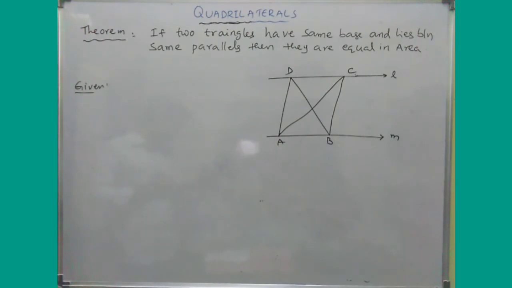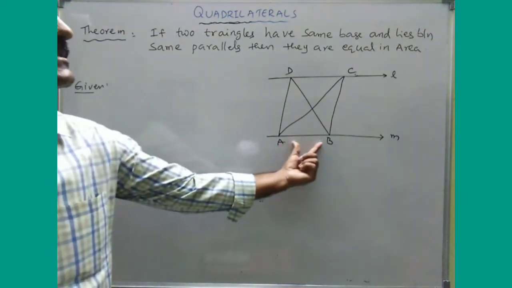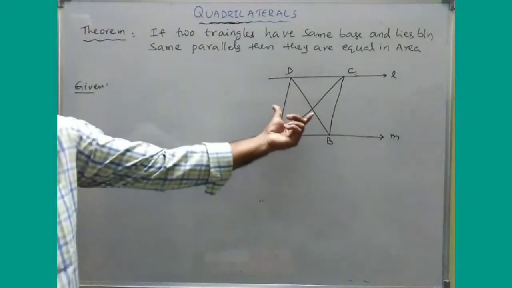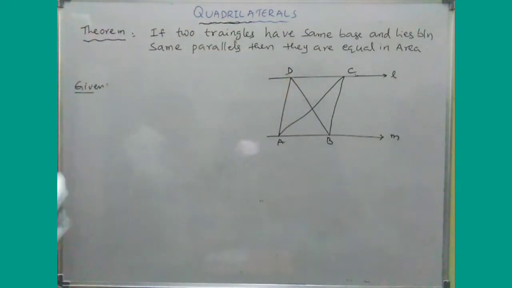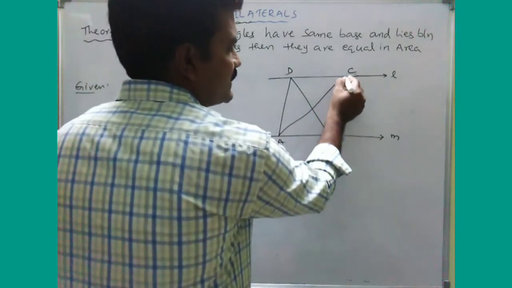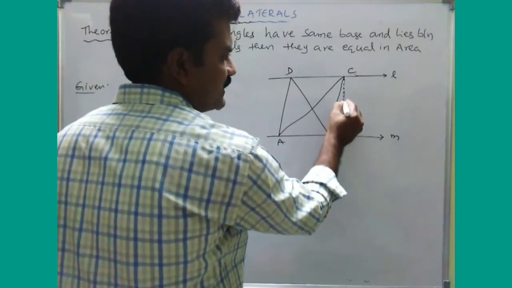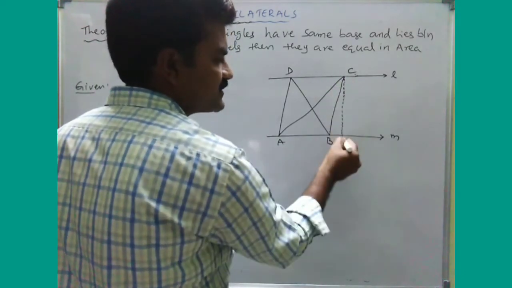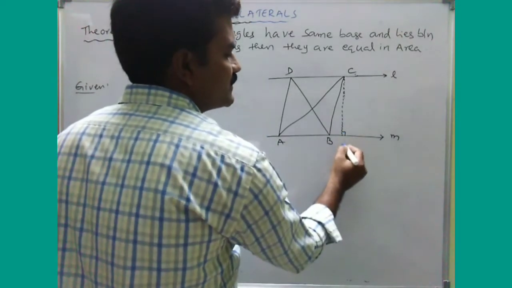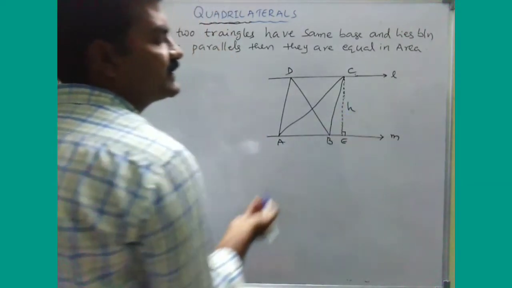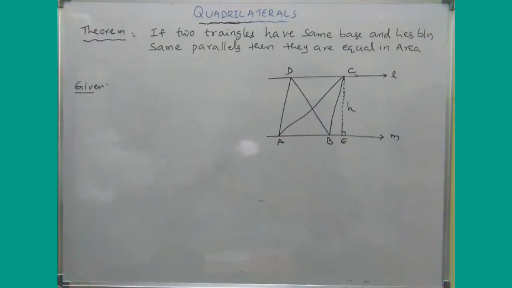Both triangles have the same base AB, and these two triangles lie between the same parallel lines L and M. So this is a very simple proof. Let's draw the construction. Draw the perpendicular from C to the base AB, say CE, which is the height of both the triangles.